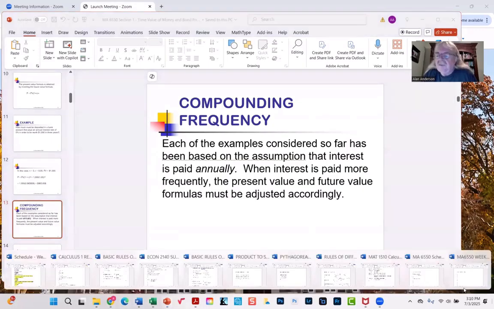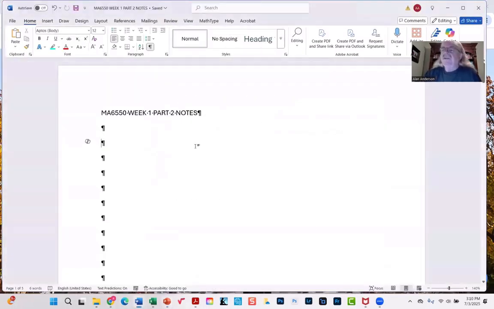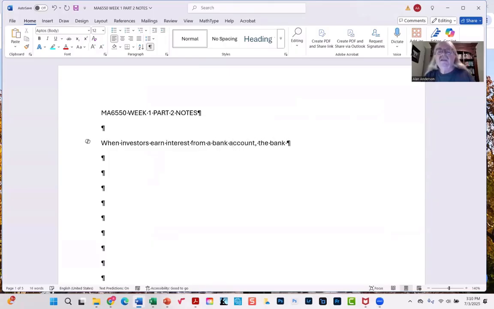So what does this tell us? So when investors earn interest on, let's say, a bank account, let's keep it simple. The bank may pay interest on an annual basis.